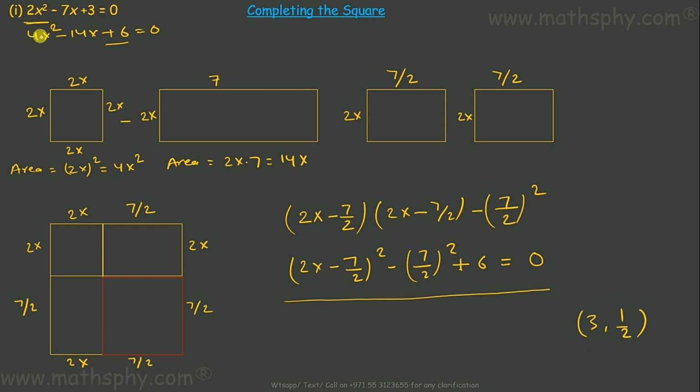Now, same equation through the completing the square method we have done by actually drawing squares. Same equation, same method, completing the square we can do without actually drawing the squares. Now we will learn how to follow this method. Let's do that now.